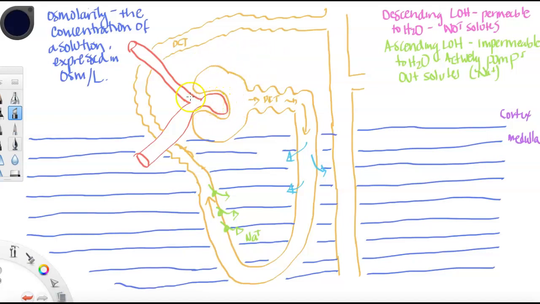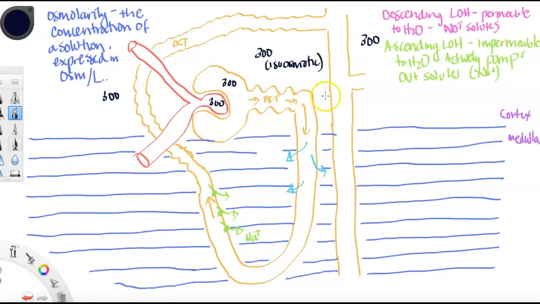So let's say it's 300 in the vessels. So 300 here. It's also 300 here, and it's 300 here. So it is isoosmotic. Okay, so in the cortex, the whole area remains at 300 isoosmotic.